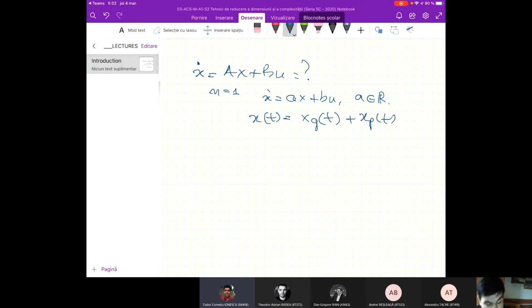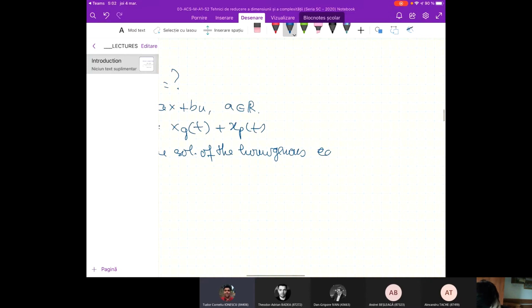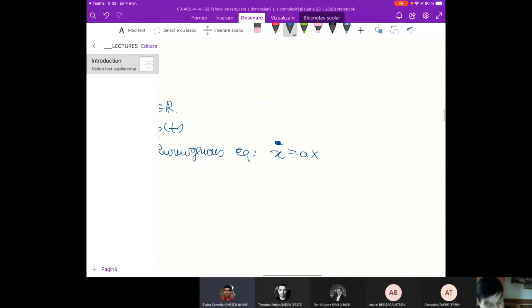The general solution xg of t is the solution of the homogeneous equation x dot equals ax. This is called the homogeneous equation associated to the differential equation. How do you solve this?